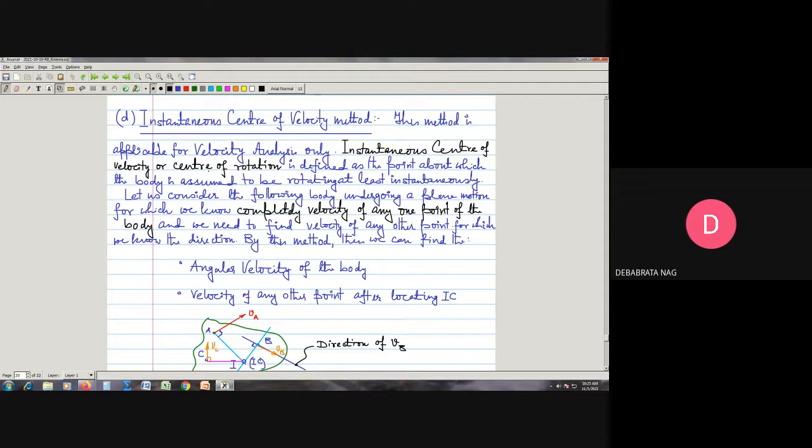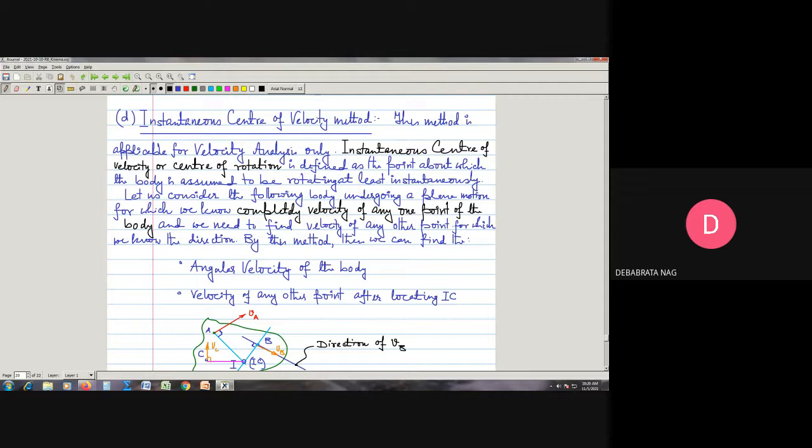The third case of motion of a rigid body is where the body is executing a general plane motion. As we know from our previous knowledge, a GPM, or general plane motion of a rigid body, according to Chasles' theorem, can be considered as a combination of a translational motion and a rotational motion about a point.